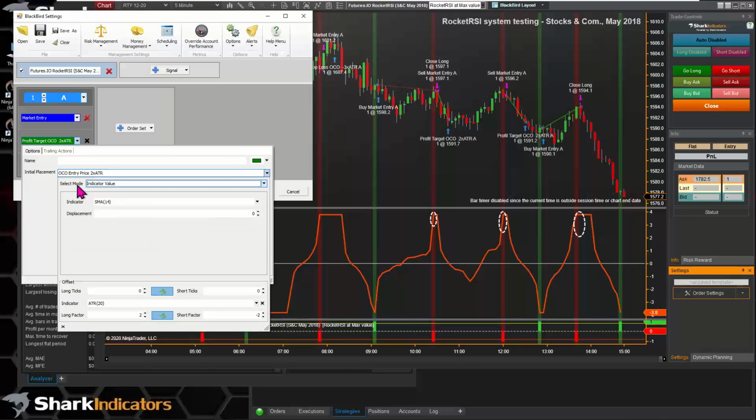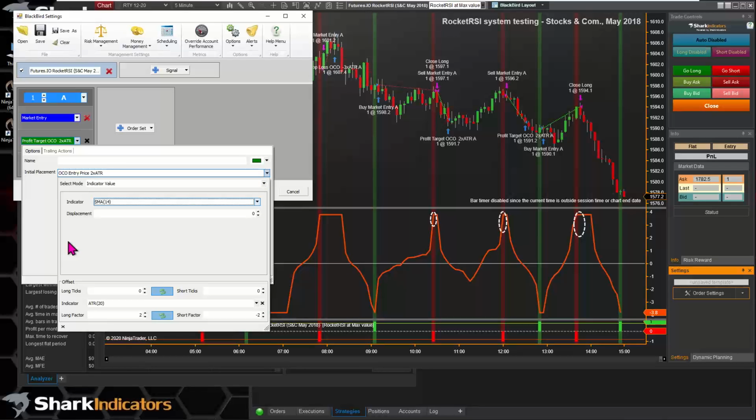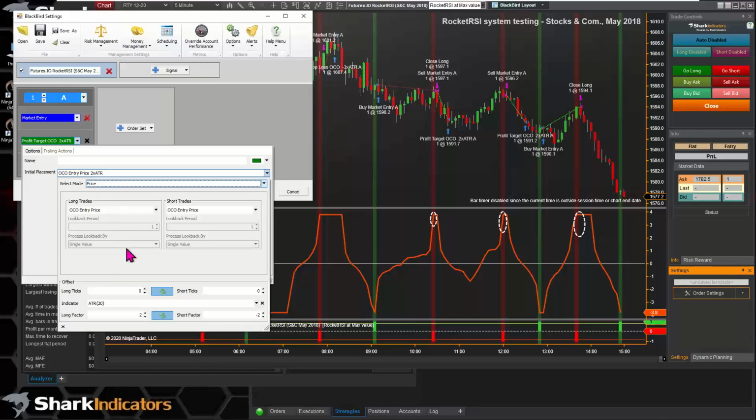I can set the mode to indicator value. For example, we could set the profit target at the SMA or some other moving average, if that's pertinent. But this person probably has a custom indicator plotting where the profit target should go, and you can just plug that right into Blackbird. So that's possible as well.